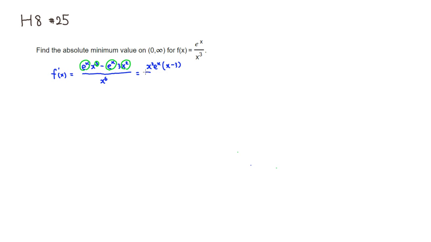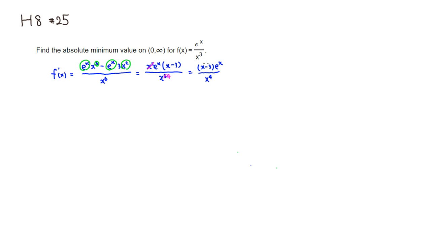We divide by x to the 6th, and we can do a little bit of cancellation: x squared cancels, so we can reduce the 6 to 4. That would be the derivative. I'm going to clean it up and write it as (x minus 3) e to the x over x to the 4th power.